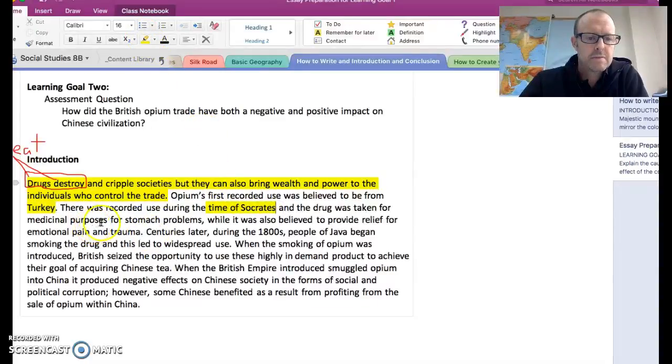Okay, I also give some more background about when it was introduced, when smoking was introduced, and then that later leads to China. Okay, so right in this section here, if you read it, I give a historical background of opium and its introduction into China, because that gives the reader some understanding as to what has happened.